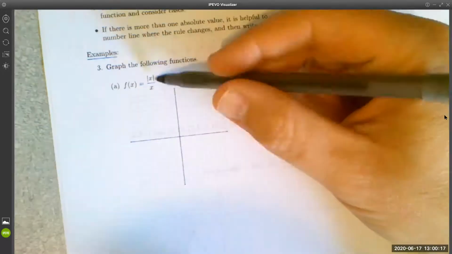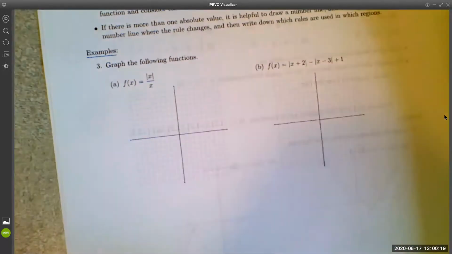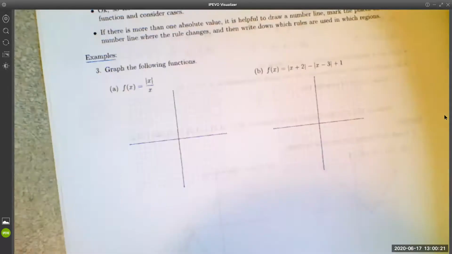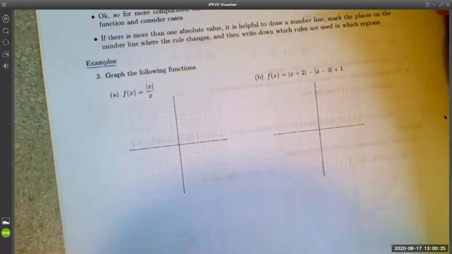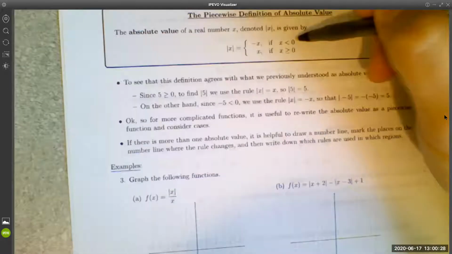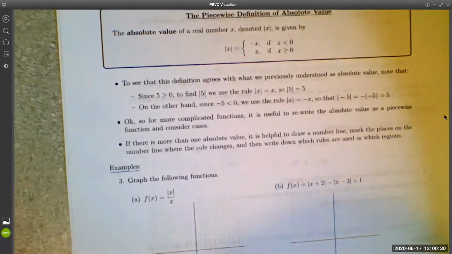So looking at part A, we have f of x equals absolute value of x over x. If I wanted to graph this function, I have no idea what this thing is going to look like, but I can use this piecewise definition to get a handle on things a little bit better.